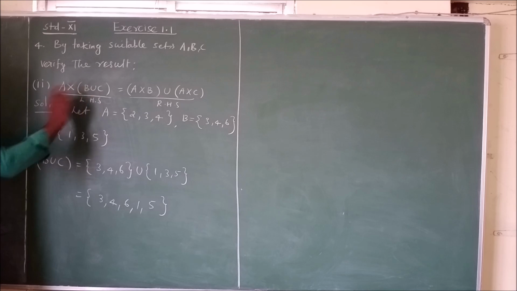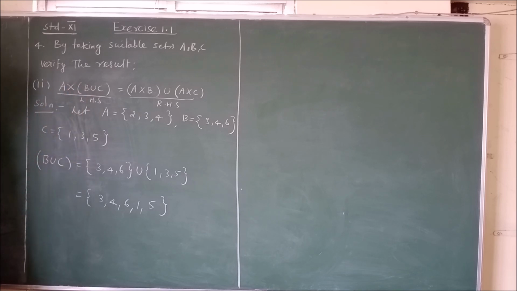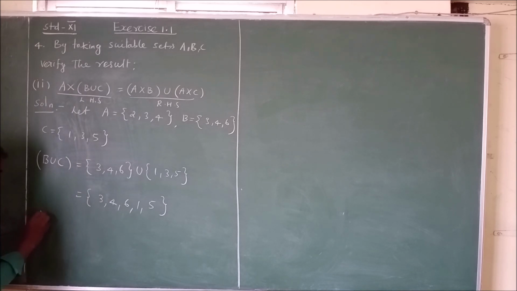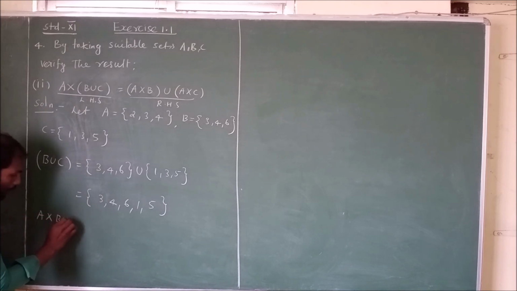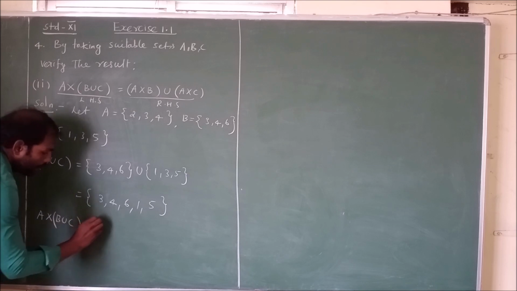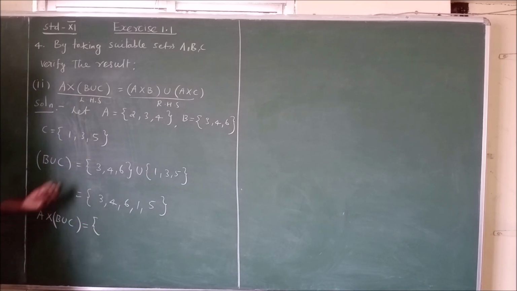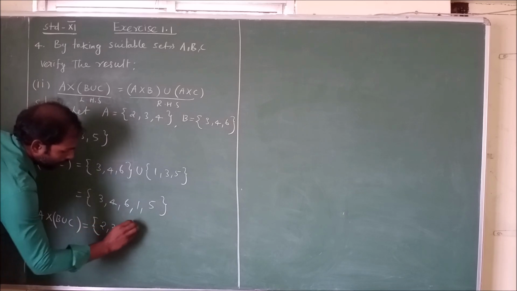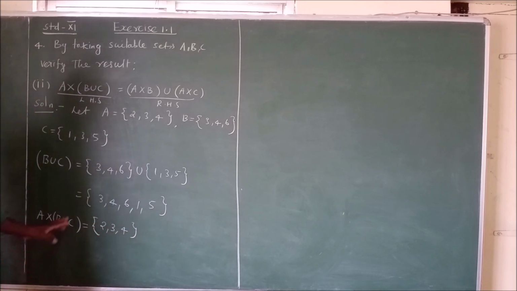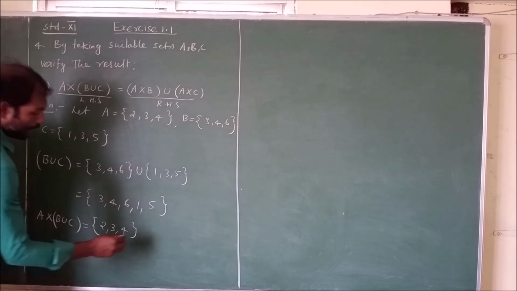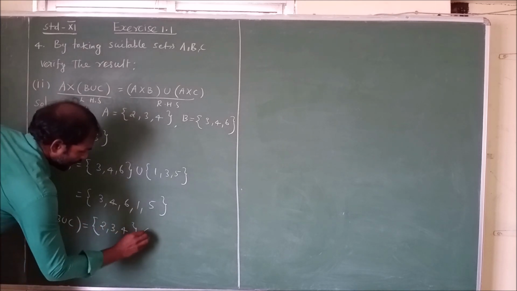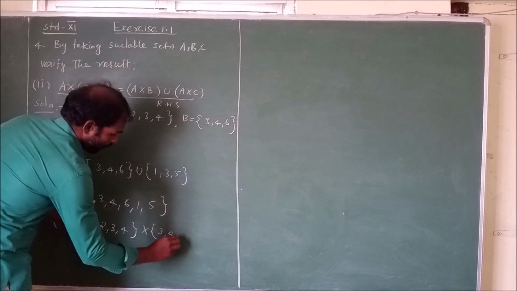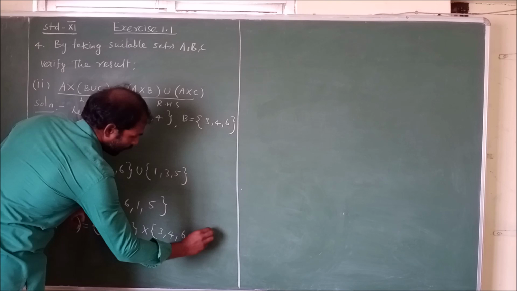Then A cross (B union C). So we have to find A cross (B union C), where set A is 2, 3, 4 and B union C is 3, 4, 6, 1, 5.